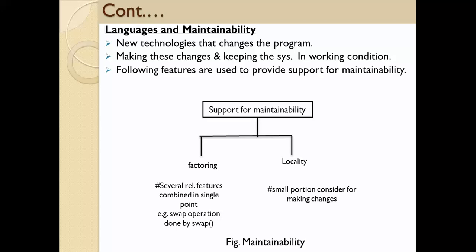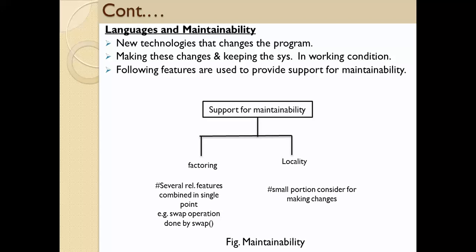So this is locality. For maintainability, these can be achieved by two qualities, factoring and locality. This is how we can achieve maintainability in a programming language.